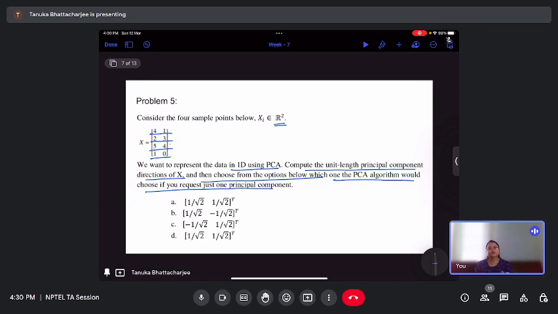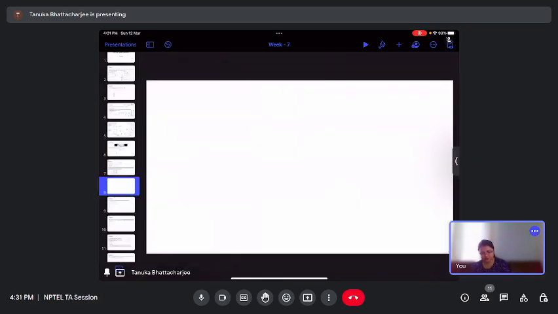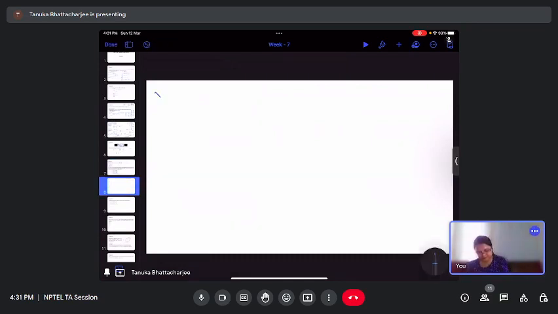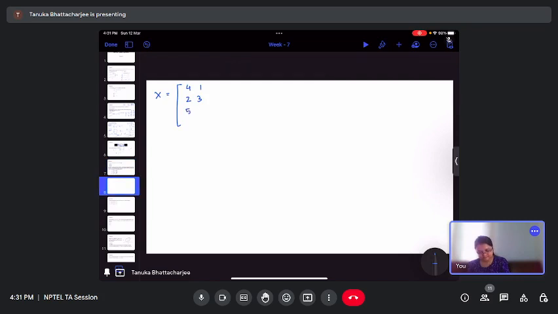First we have to compute the principal components according to the PCA algorithm. These are the inputs.